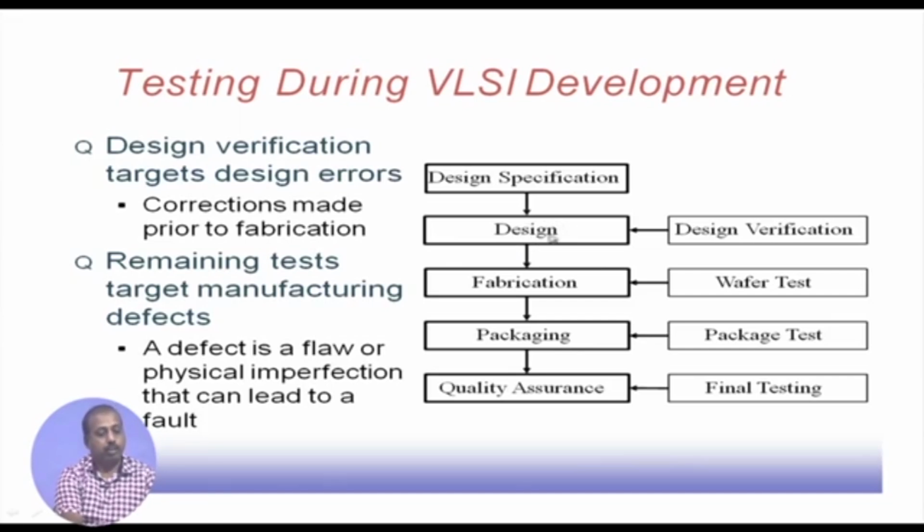Now, at this point of time, what is the guarantee that the functionality that I had specified has been translated properly into this? A typical example: suppose I want to design a counter. When I am writing the specification of the counter, if it is a mod 16 counter, we can write down a behavior that count equals 0, and for i equal to 1 to 15, count equals count plus 1.